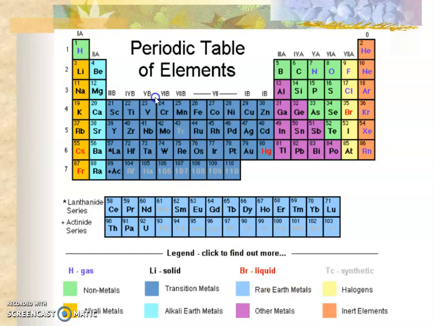So there are non-metals and alkali metals, then transition metals, alkaline earth metals, and then you can see the other metals, the rare earth metals, and halogens and inert elements. So this is group 1, 2, period 1, 2, 3, 4, 5, 6, 7, and group 18.